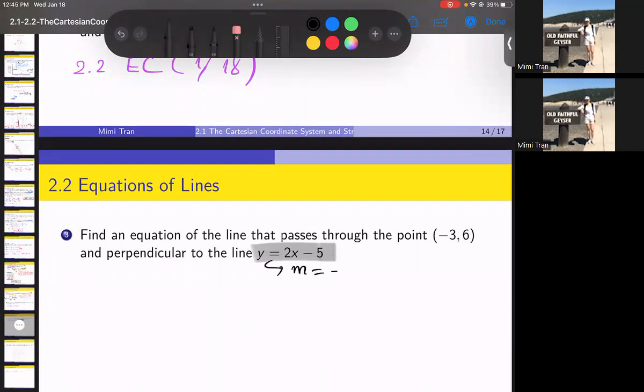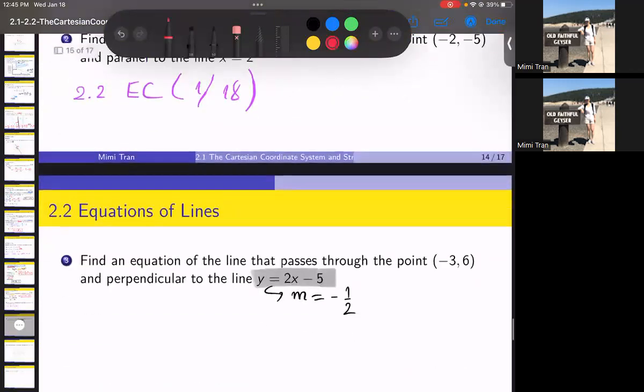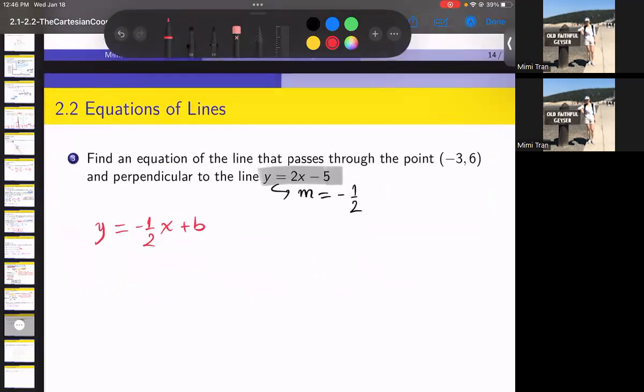Good. Opposite and reciprocal. So just like number one, you have y equals -1/2 x plus b. All you do is plug in -3, 6 into the equation.